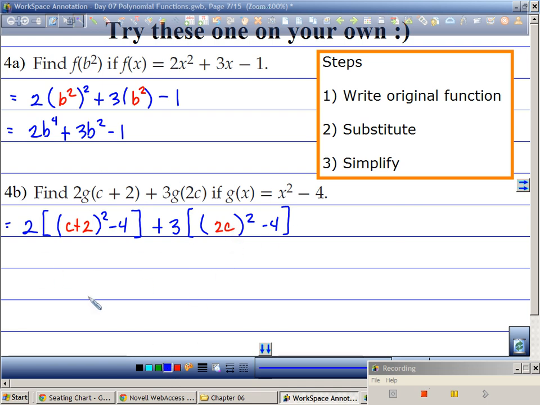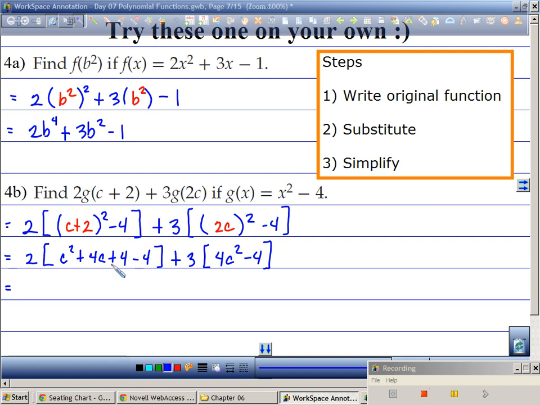This is the most complicated one. All right, so I've got 2 times the quantity. C plus 2 is a perfect square trinomial, which is c squared plus 4c plus 4 minus 4 plus 3 times the quantity. 2 c's, 2 times is 4c squared minus 4.